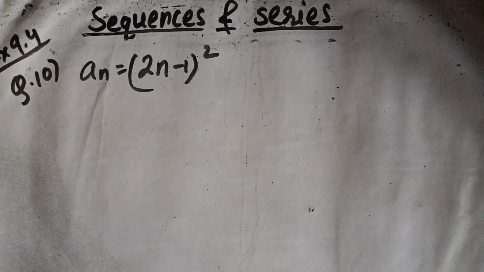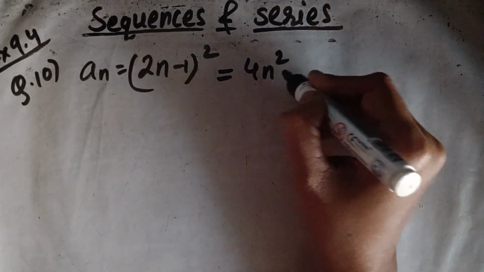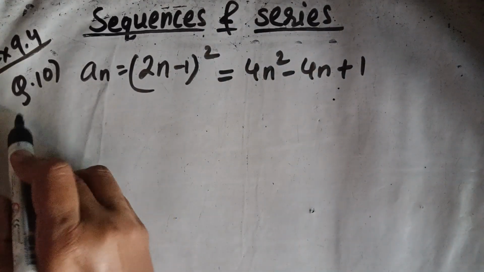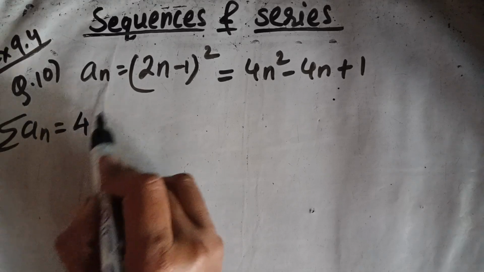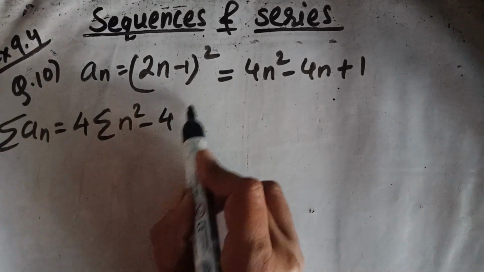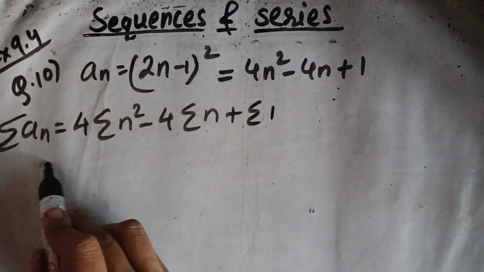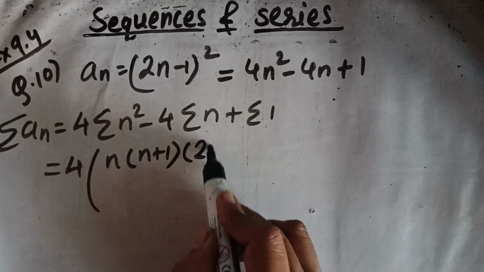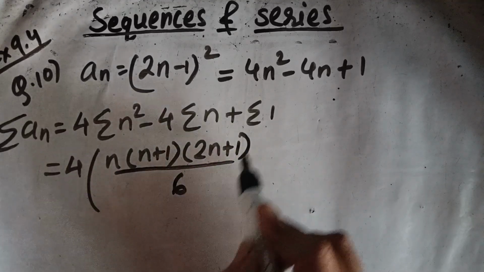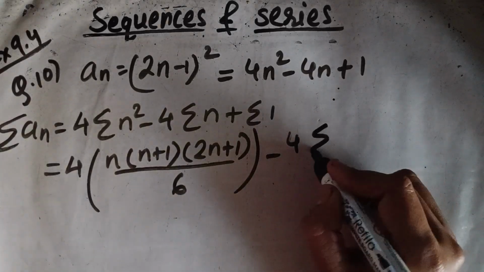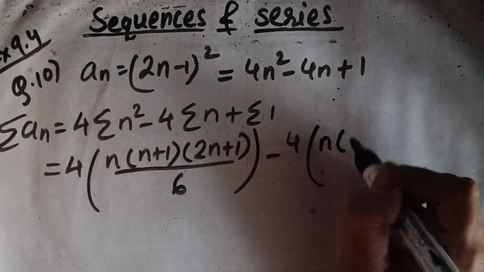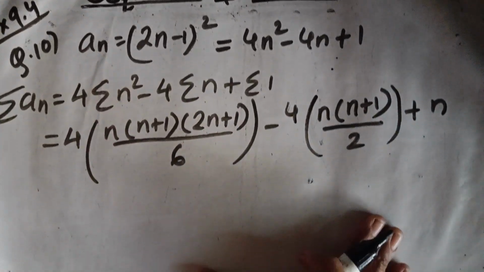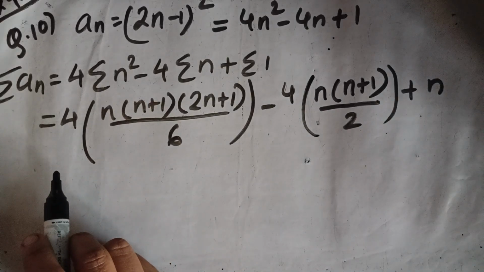Okay. Next question, an is given. Simplify this. Okay. Summation... common, you can take n.